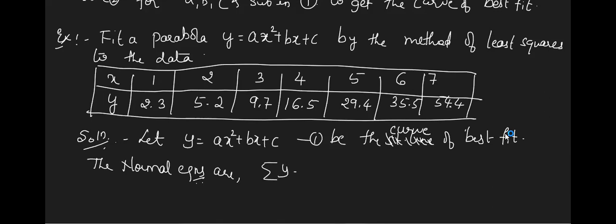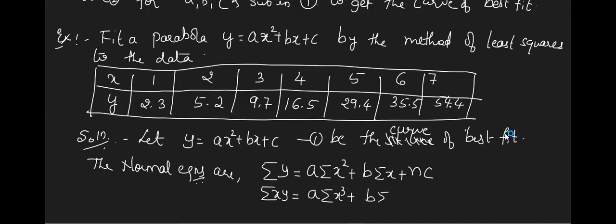Summation y is equal to a into summation x square, b into summation x, plus c, that is n into c. Again multiply by x for this equation: summation xy is a into summation x cube, b into summation x square, c into summation x.